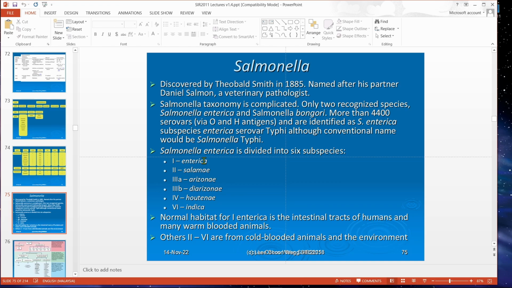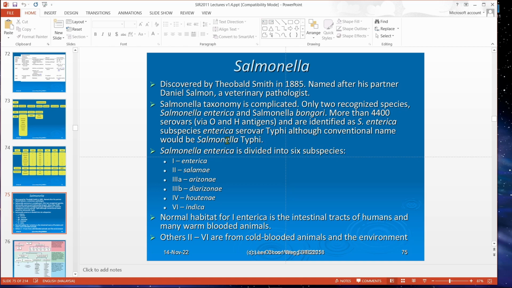Most of the Salmonella that we'll be discussing later are within Salmonella enterica subspecies enterica. For example, Salmonella typhi in the past is now known as Salmonella enterica, subspecies enterica, serovar Typhi. A very long name, which is why you are allowed to write it this way.